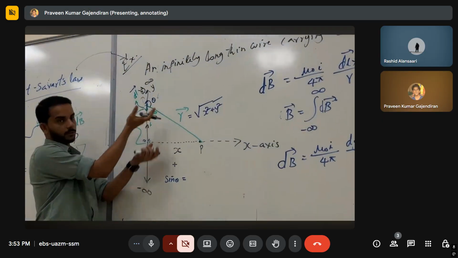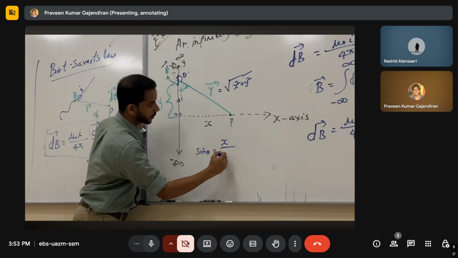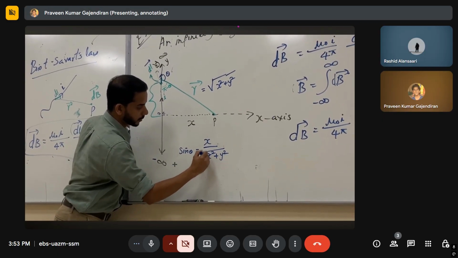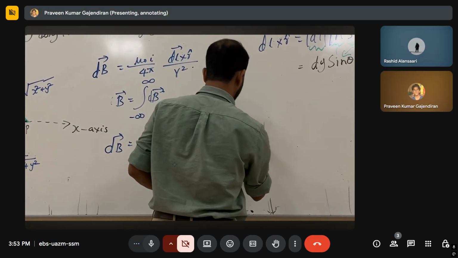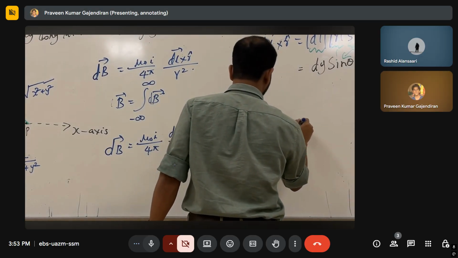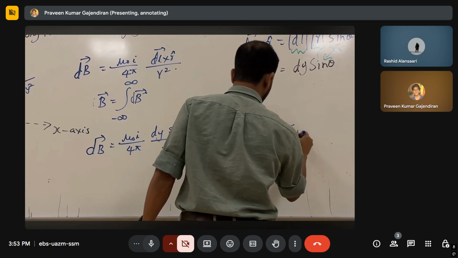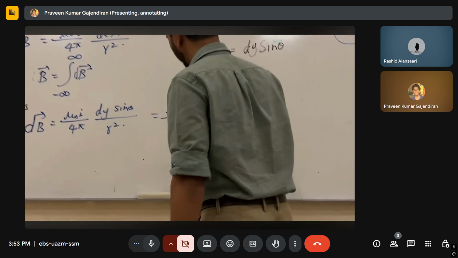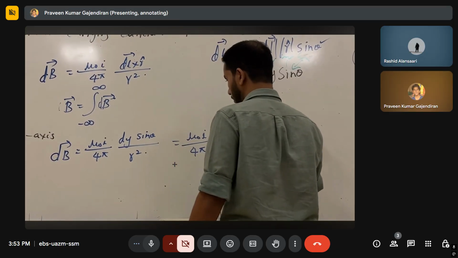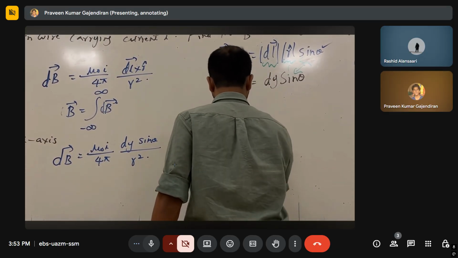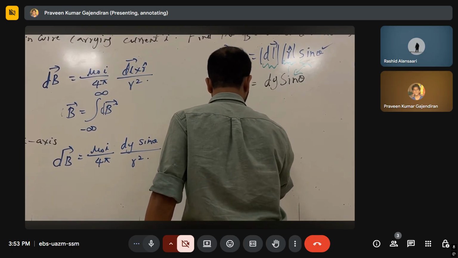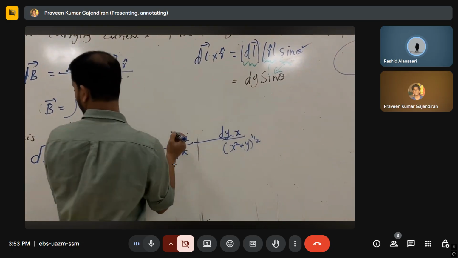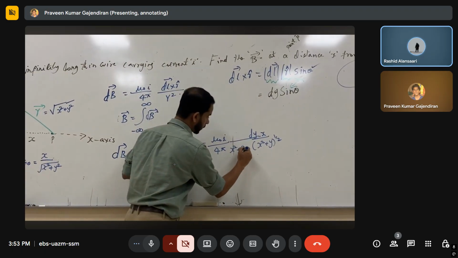Since sine theta is x over the square root of x squared plus y squared, you have everything here: mu0 I over 4 pi dy, times x over the square root of x squared plus y squared, over r squared. I'm stuck at the sine.